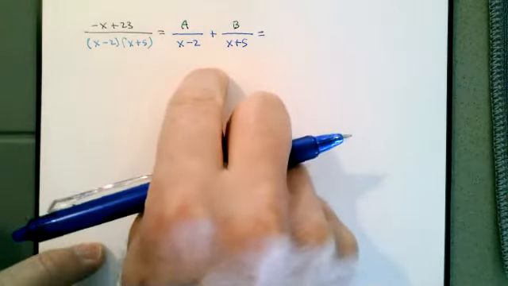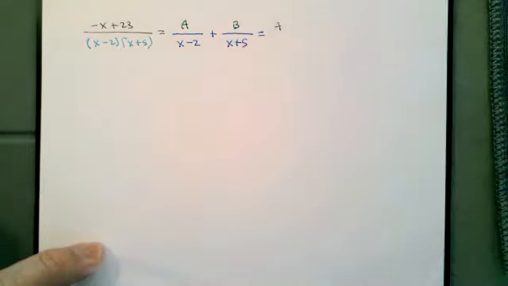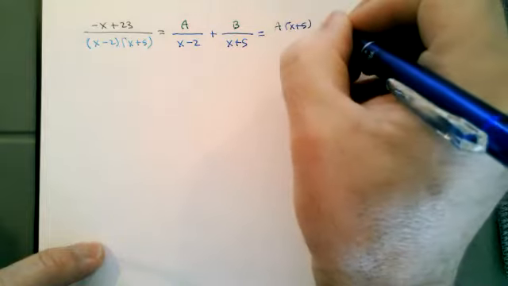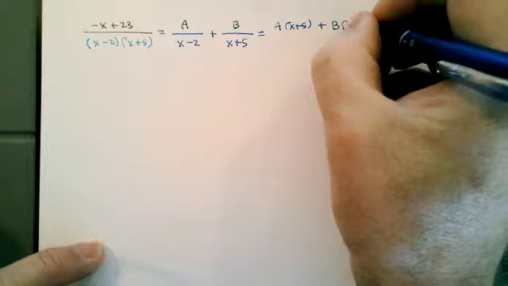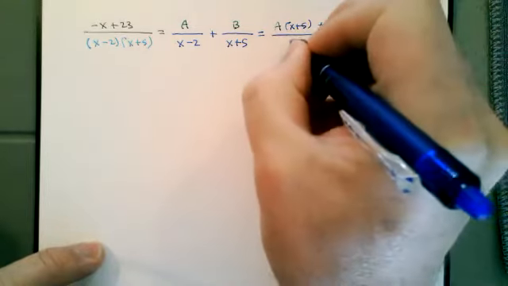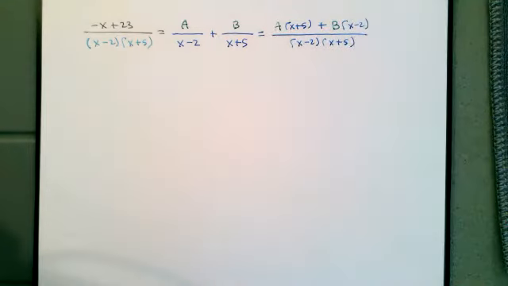So I have A times x plus 5 plus B times x minus 2, just getting a common denominator and putting these things back together. But generically, because I don't know what the A and the B are. I don't know what proportion of the x minus 2 and the x plus 5 we need to make a negative x plus 23.